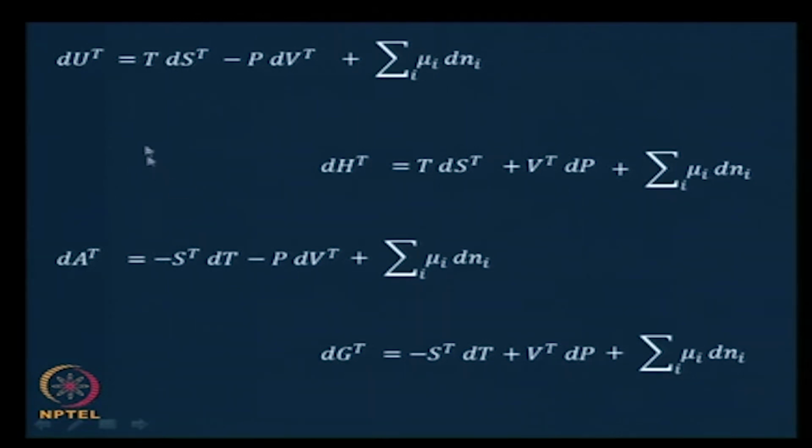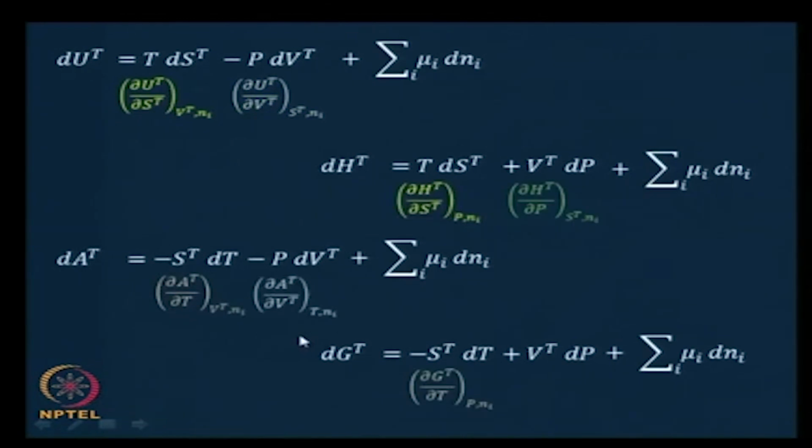And then by comparison of the various partial derivatives, for example, dUt is the partial of Ut with respect to St times dSt plus the partial of Ut with respect to Vt times dVt and so on, going by the expansion of the total derivative in terms of the partial derivatives.